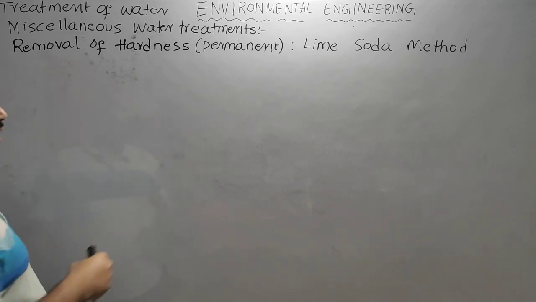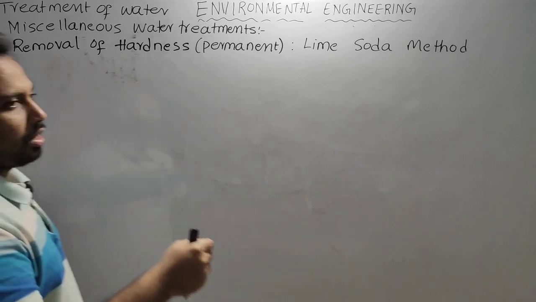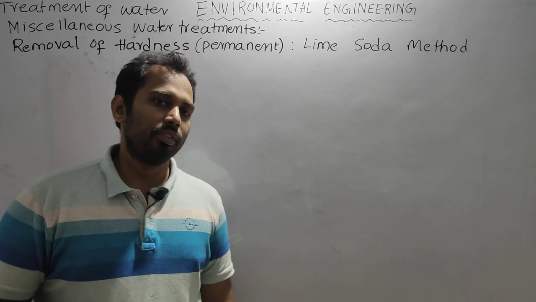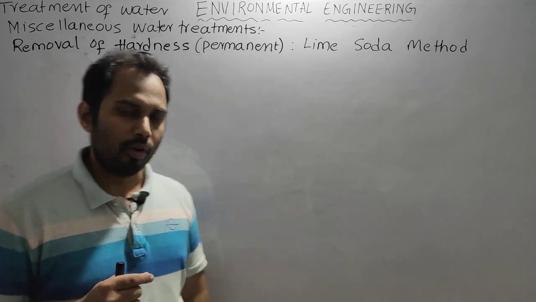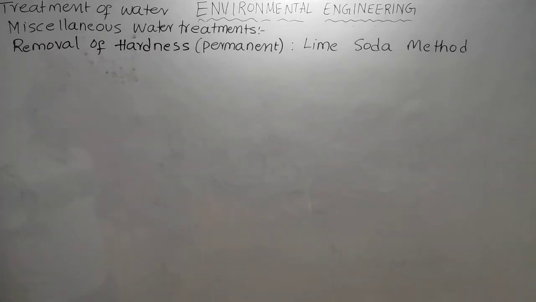The residual hardness left in the lime soda process is about 50 mg per liter, that is 40 mg per liter in the form of CaCO3 and 10 mg per liter in the form of Mg(OH)2, which will be left inside the water as residual hardness. So complete hardness removal is not possible in the lime soda process.